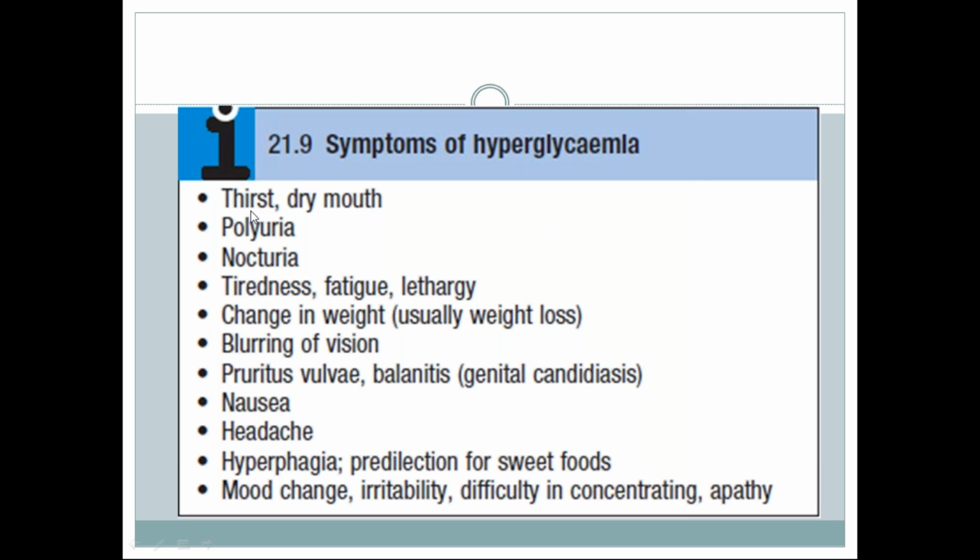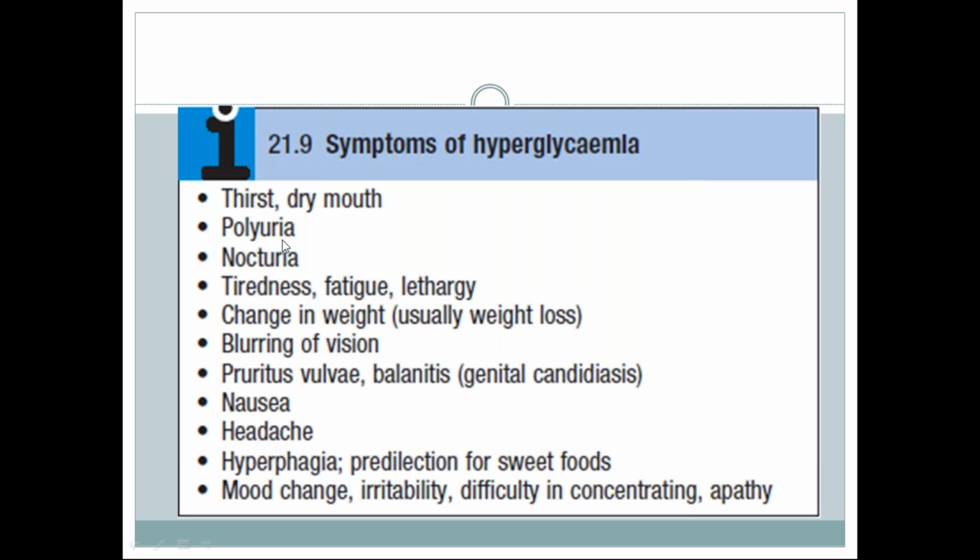One is excessive thirst and dry mouth even after excessive drinking of water. The patient complains of frequent dryness of mouth. That is the first symptom. Other one is polyuria.